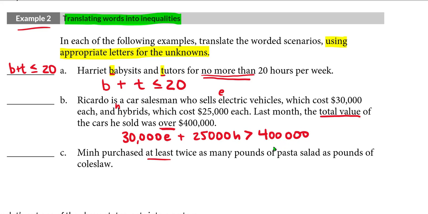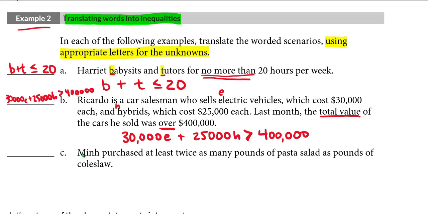Not equal to or over, not at least, but over 400,000. So 400,000 itself is not included. We must be over or above 400,000. So what do we have? We have 30,000 E plus 25,000 H is greater than 400,000. That squeezing didn't work very well, but that's okay.